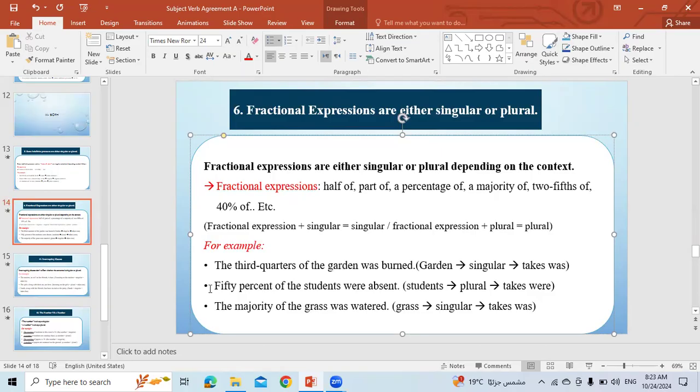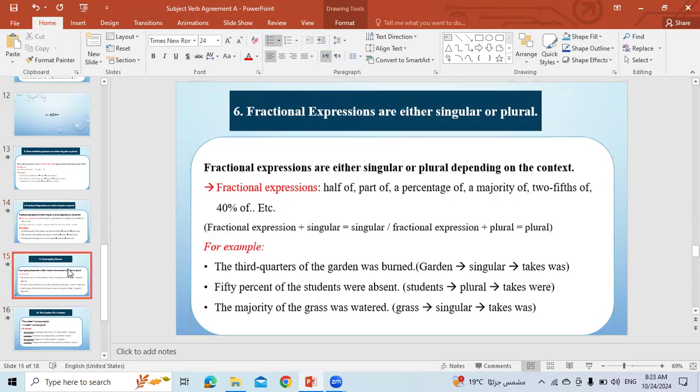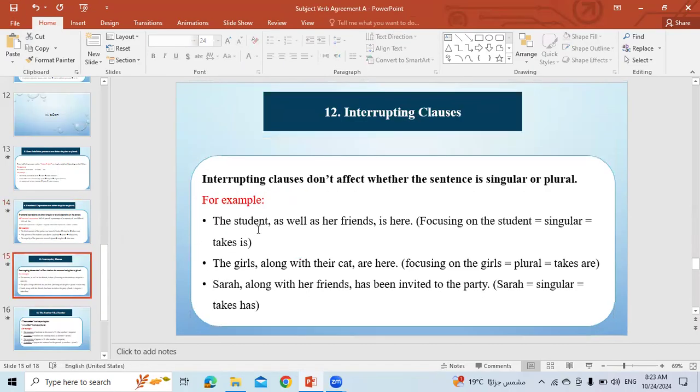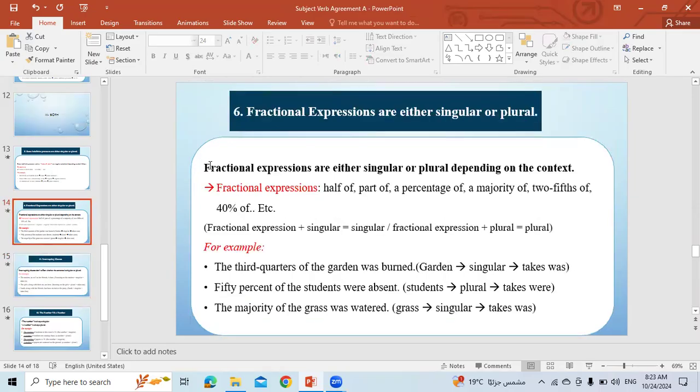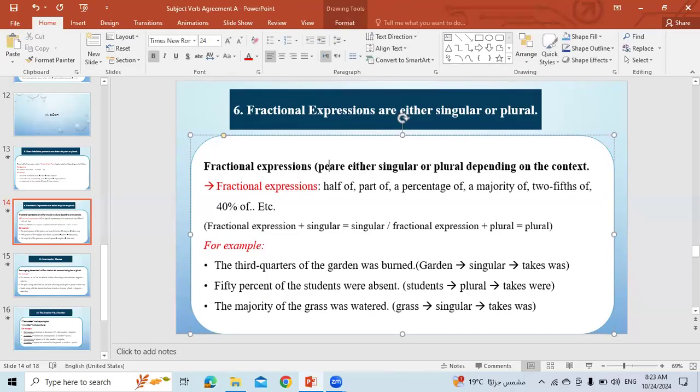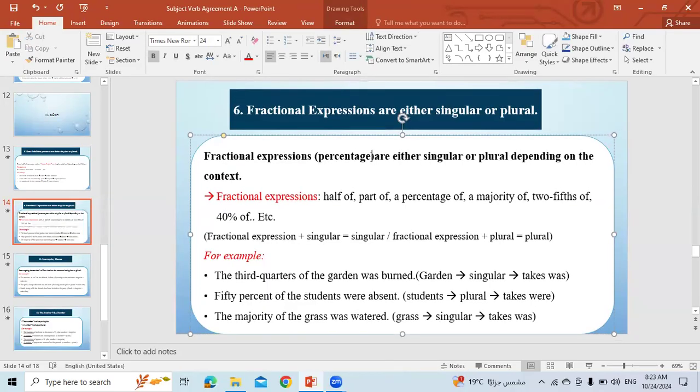Yes. Example 2, 50% of the students. What's after the fraction? Plural. It's plural, so were. Yes, excellent. Now, we have something called fractional expressions, which are the percentages.